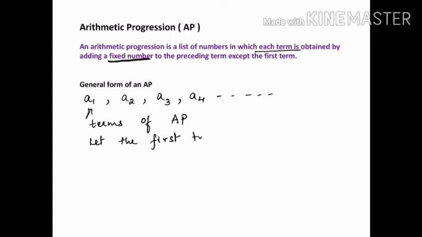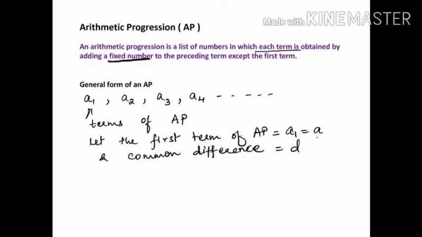So let the first term of AP, which is A1, be equal to A. Can we write the AP just with the first term? No. We also need the fixed number that we need to add to A in order to obtain the next number. So we need the common difference as well.